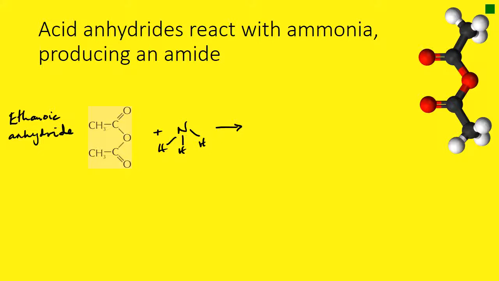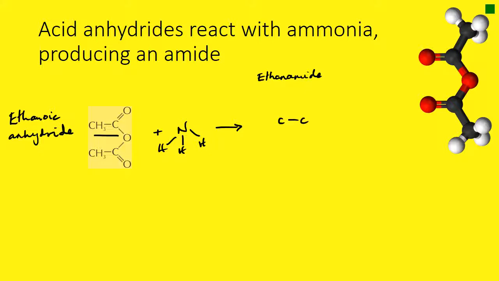and we're going to make an amide, and the amide we're going to make is going to be a 2-carbon amide, because we've got 2 carbons in the half of our anhydride molecule. So that is ethanamide. Right, so let's name it up here. Ethanamide, and that looks like this.